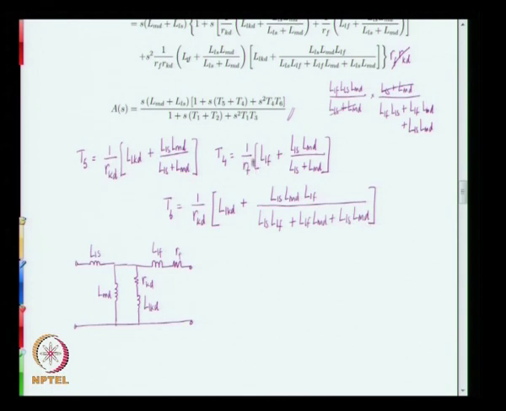T4 is then 1 over RF times LLF plus LLS LMD by LLS plus LMD. This can be obtained by assuming that the damper does not exist.